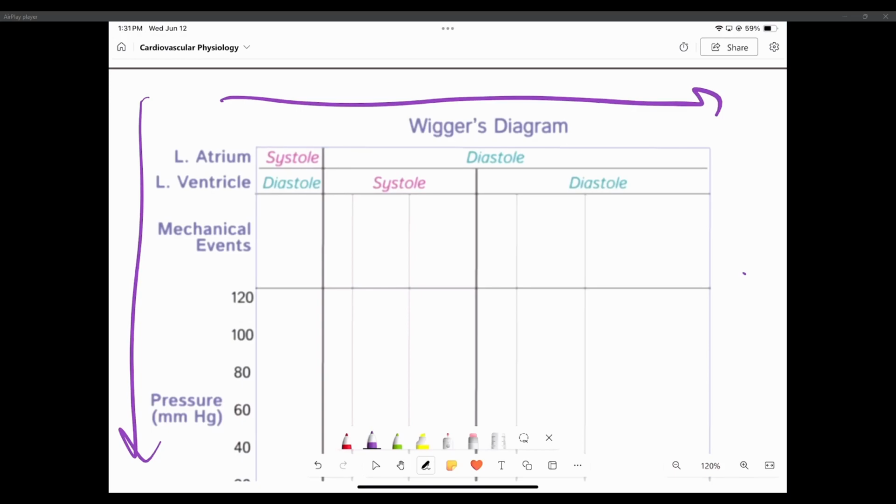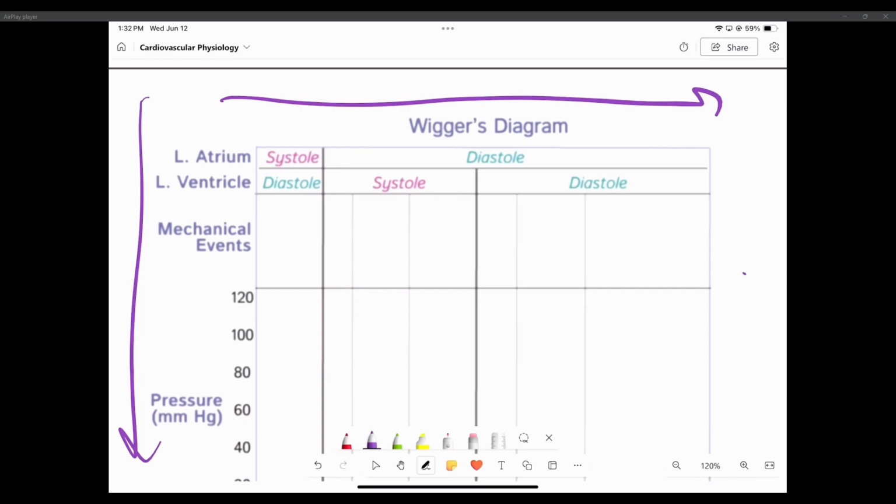When the atria are in systole, the ventricles are in diastole. That's why you see them flipped. And then towards the end, they kind of rest together because that's just the way the cardiac cycle works. But when the ventricles are squeezing, the atria are filling up. When the ventricles are filling, atria are squeezing in systole to get the blood into the ventricles. So they are different there.